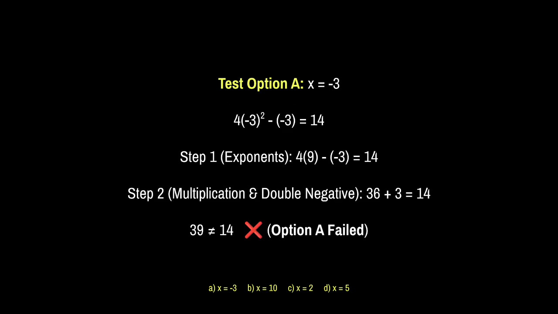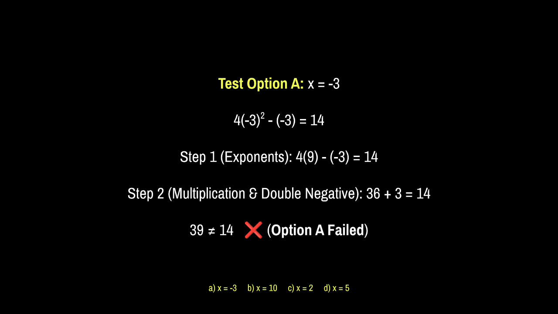Let's start with option A, x equals negative 3. Whenever you plug in a negative number into an algebraic expression, always wrap it in parentheses. This keeps your signs clean and prevents classic calculation mistakes. Substituting negative 3 into 4x squared minus x equals 14 gives us 4 times negative 3 squared minus negative 3.